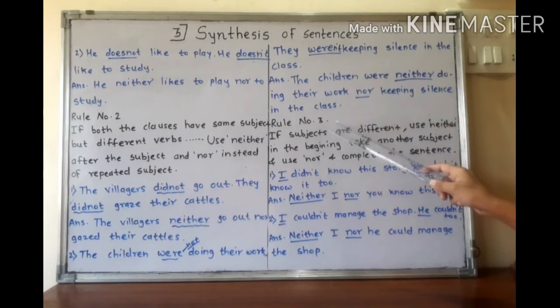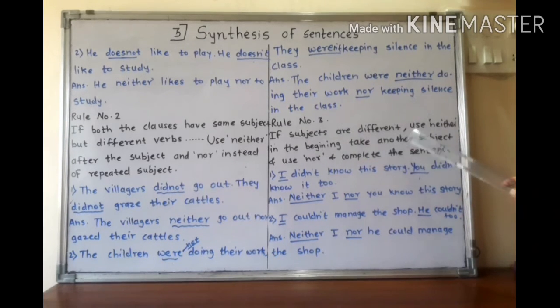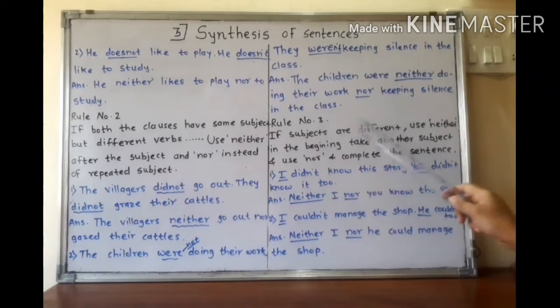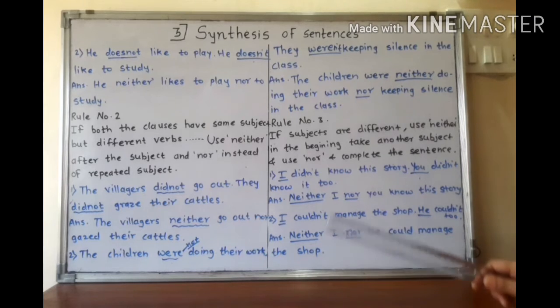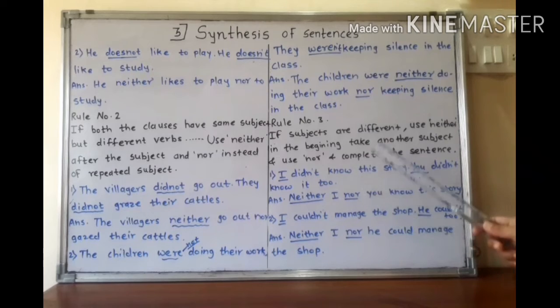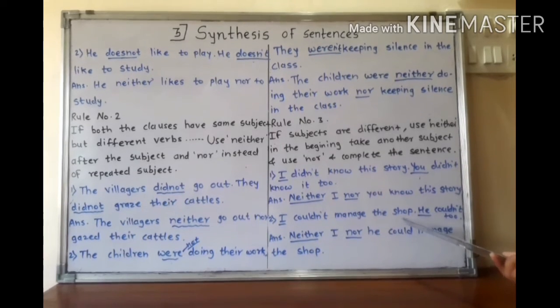Rule number 3. If the subjects are different, use neither in the beginning and take another subject and use nor to complete the sentence. If the subjects are different in both the clauses and the other part of the sentence is the same, then in the beginning only we have to use neither, take the subject, use nor, and immediately take another subject and complete the sentence.